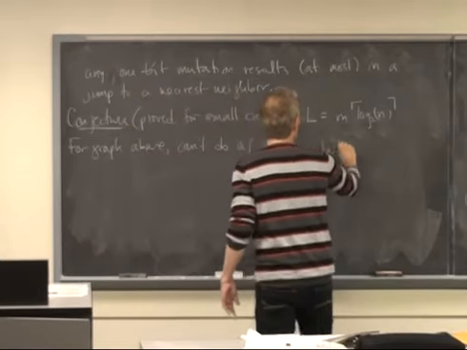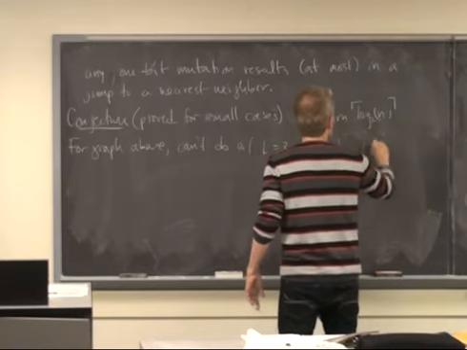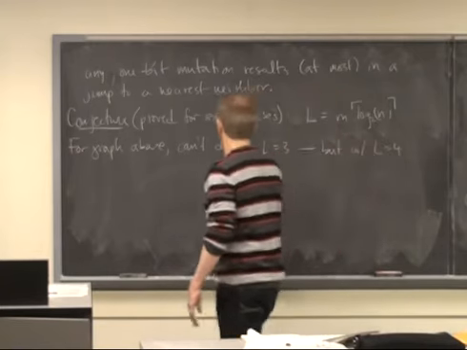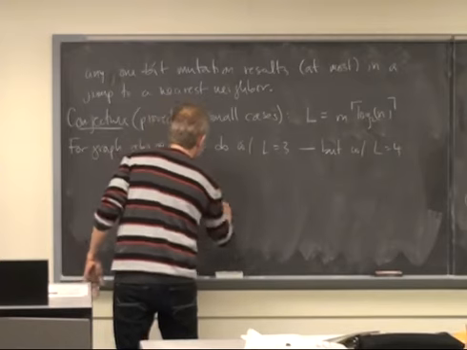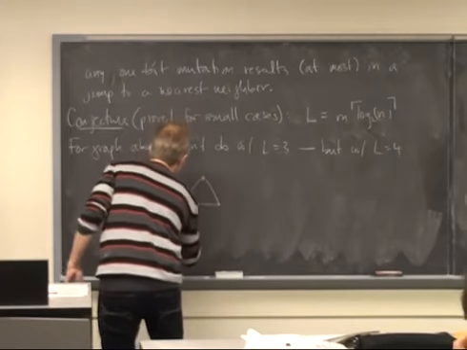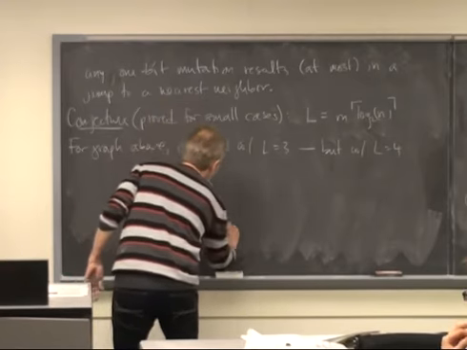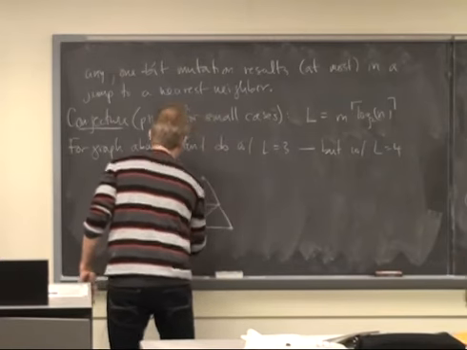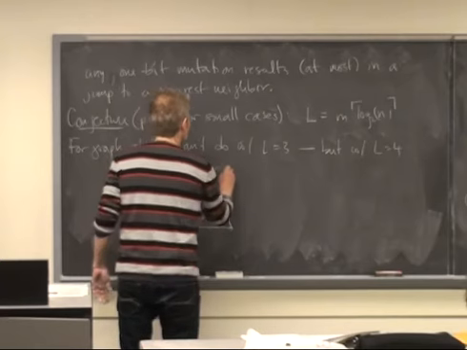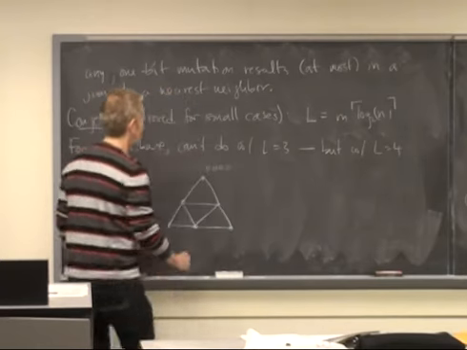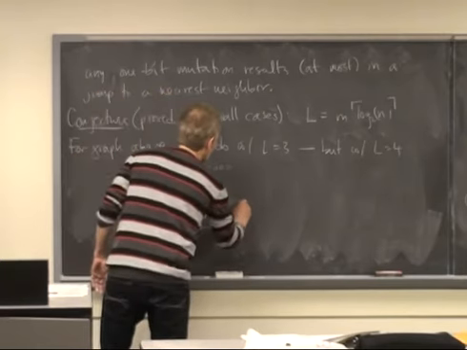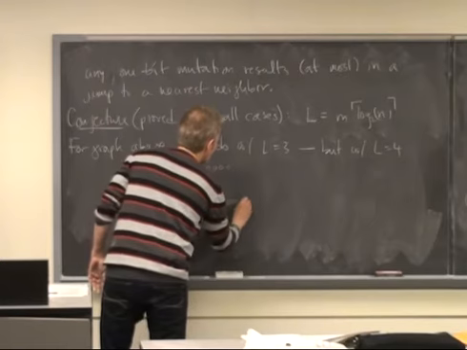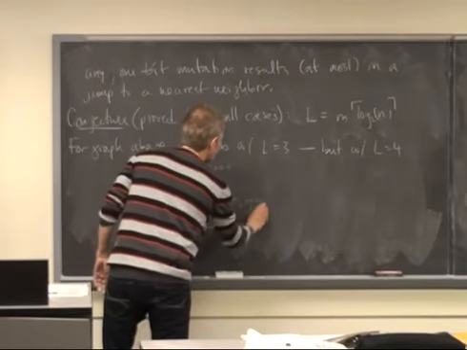But here's one that works for L equals 4. And I'll just tell you exactly what the encoding is, and you can probably see what it is after I write it up. You don't have to write this. I just think this is a cool problem. Anyway, this is going to be the all zeros. And this one is going to be 0, 0, 0, 1, or 0, 1, 0, 0.